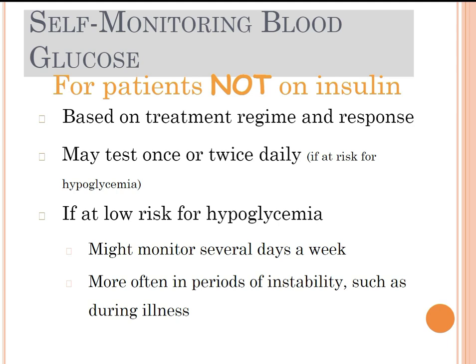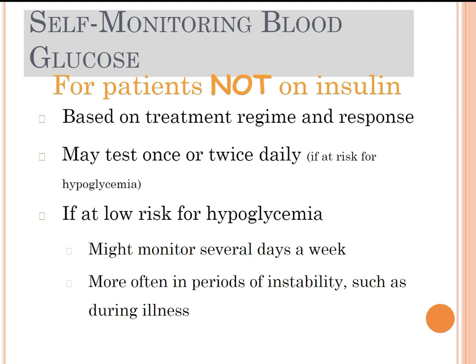Now, if they are on an agent which does not by itself cause hypoglycemia, or if they are controlling their diabetes with diet and exercise alone, the patient should at least be taking their blood glucose several times a week, both as a way to provide feedback to the patient and encourage their active participation in self-management, and as a method of providing data on the effectiveness of their control.